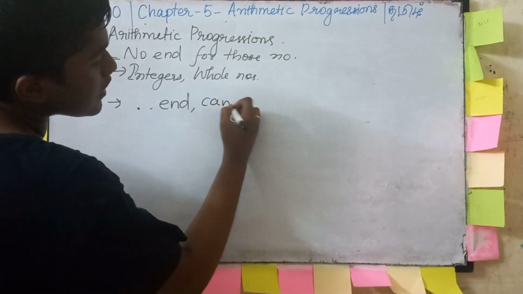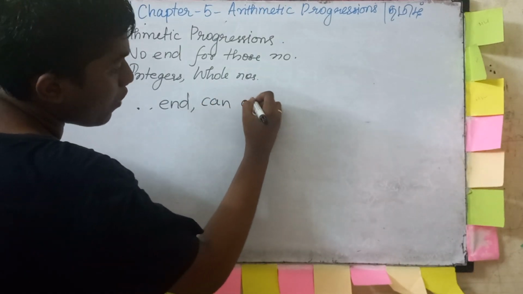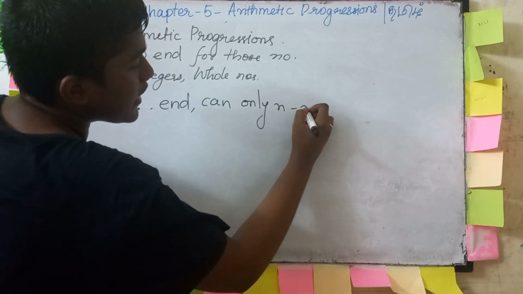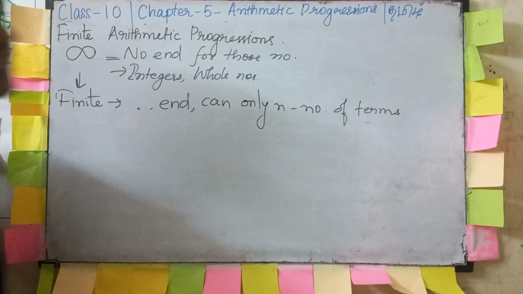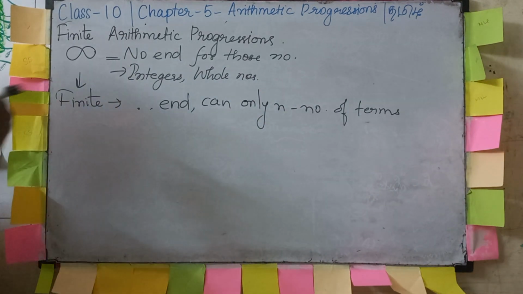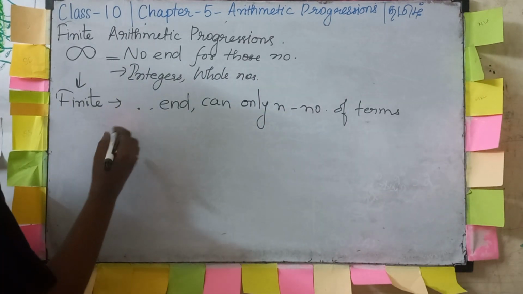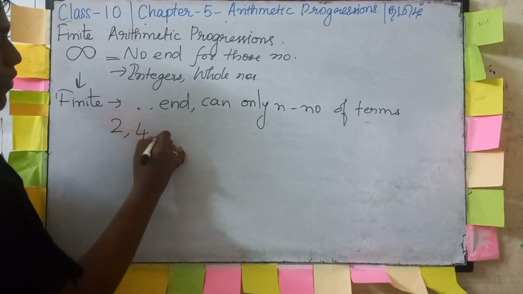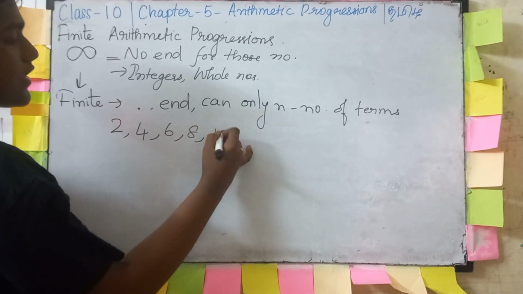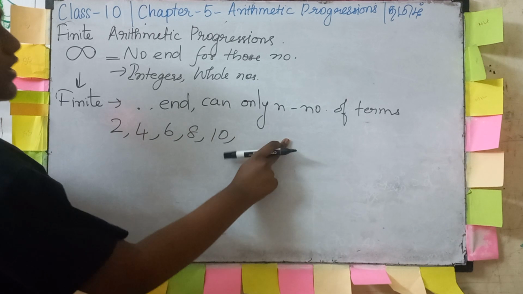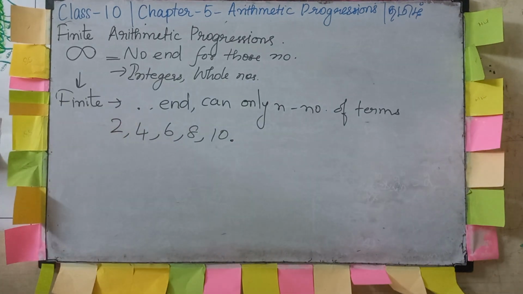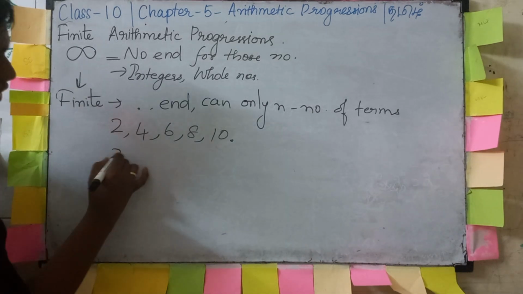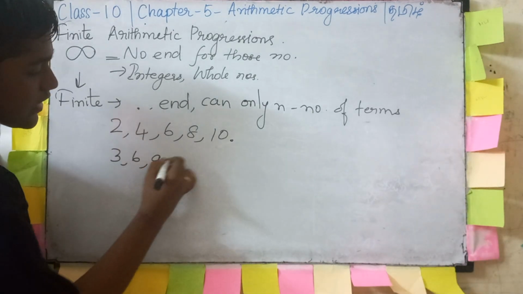A finite AP has only n number of terms. Let's take a finite arithmetic progression: 2, 4, 6, 8, 10. This is a finite arithmetic progression. What about 3, 6, 9, 12 up to 30?